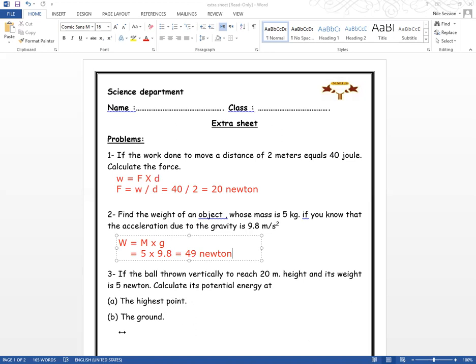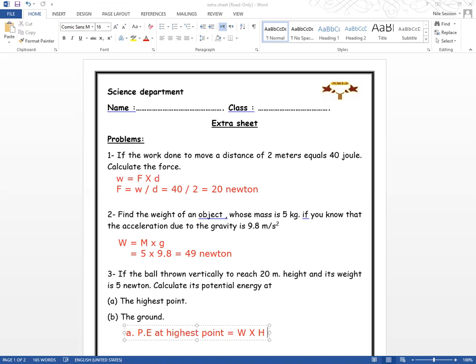So number A, potential energy at the highest point equals what? The potential energy equals weight times height.